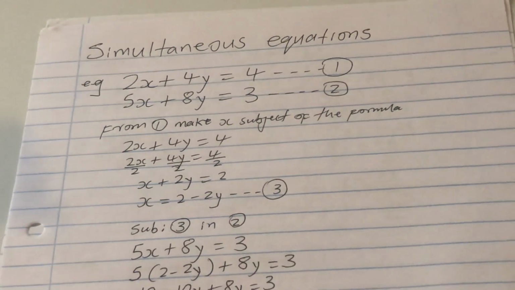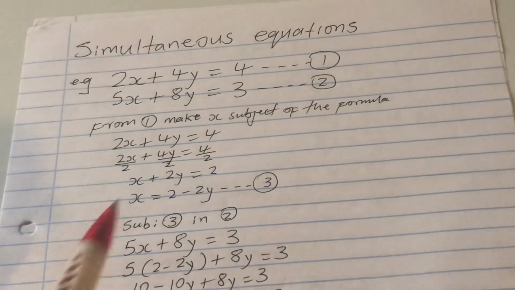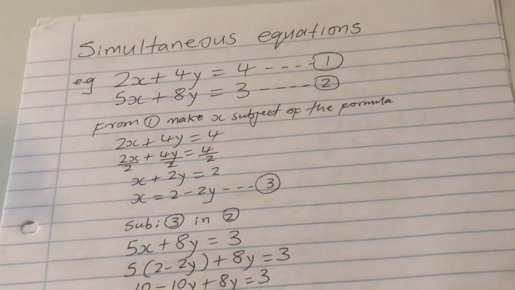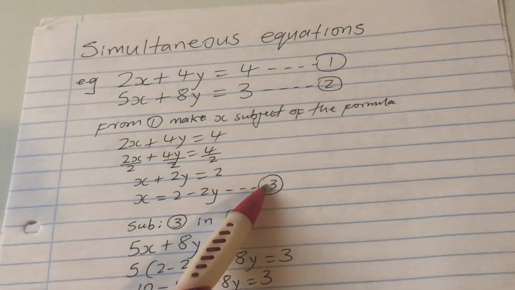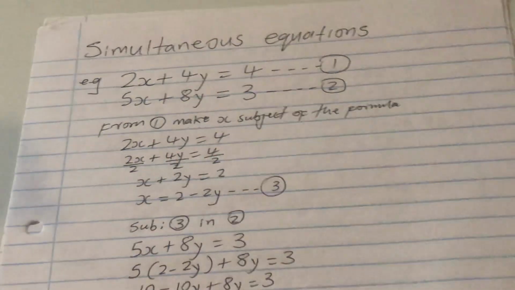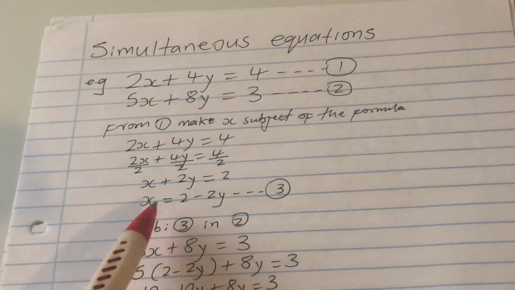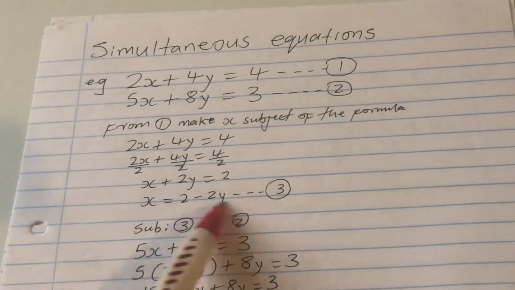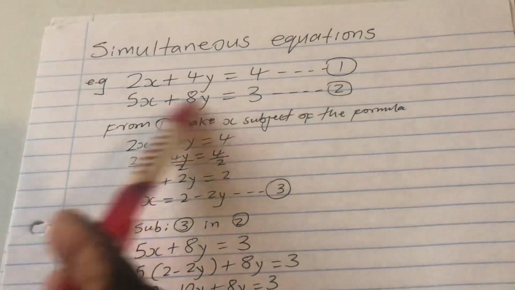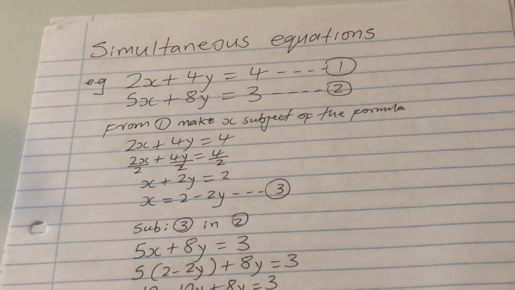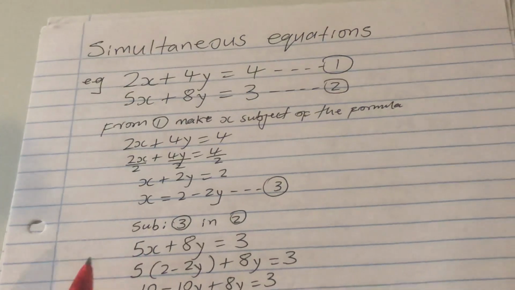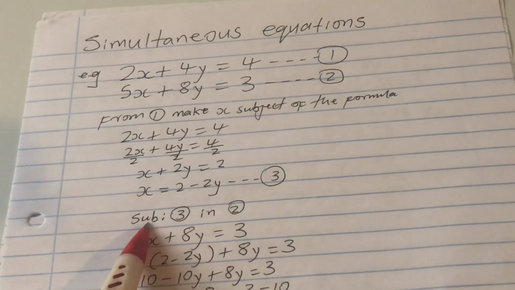What do I do now when I have equation 3? You substitute equation 3 into equation 2. It means that where there is x in equation 2, which is this, you put 2 minus 2y. As you can see, I've written it here, meaning substitution.